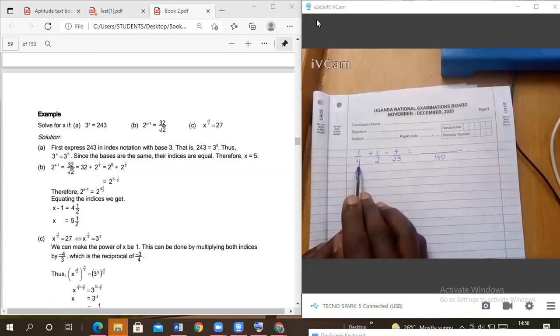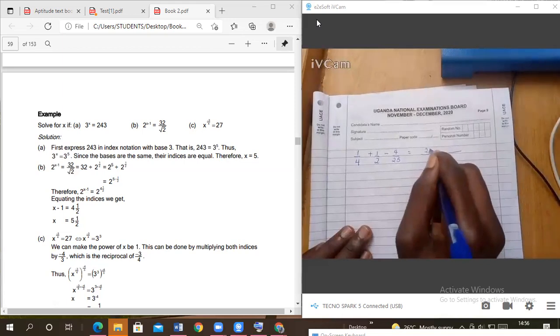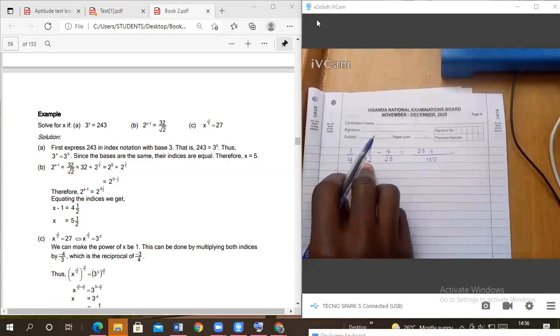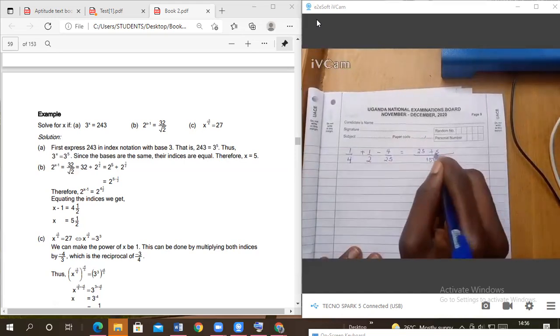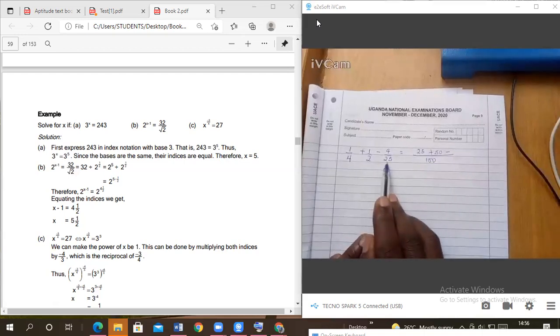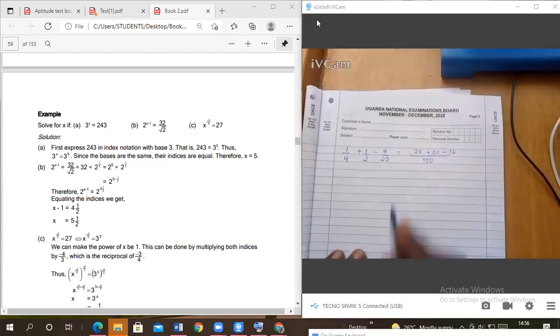So 100 divided by 4 is 25. 25 times 1 will give us 25, plus 100 divided by 2 is 50, times 1 is 50, minus 100 divided by 25, we get 4, right? 4 times 4 is 16.